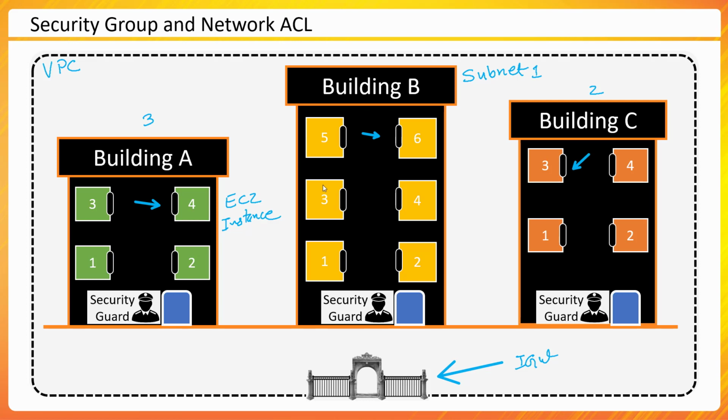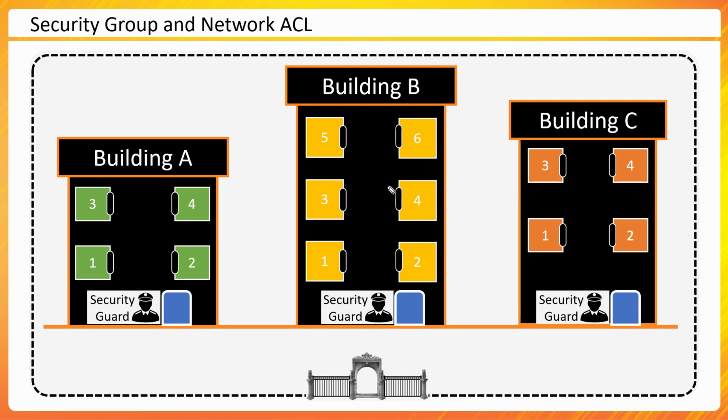And in these apartments, if you see this small black thing here, this is representing a door of an apartment. So summarizing, your whole campus is a VPC, your buildings are subnets, and individual apartments are your instances, and they want to communicate. Let's see how the communication would be happening.